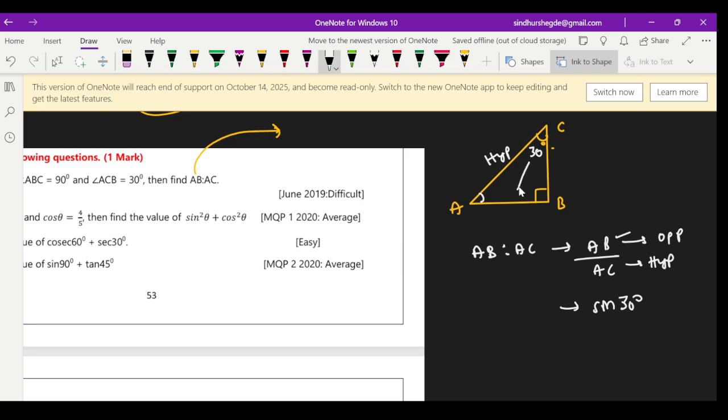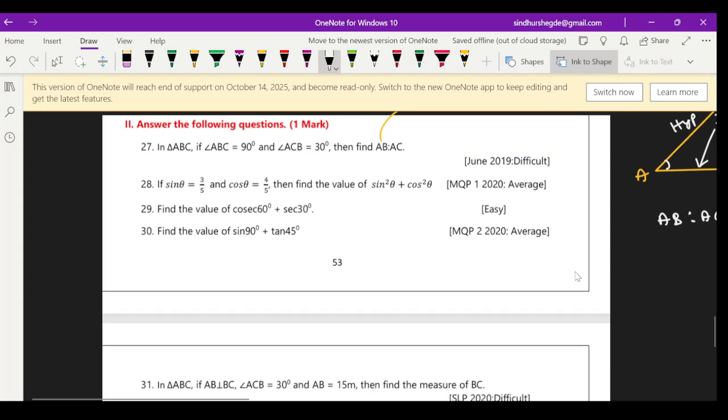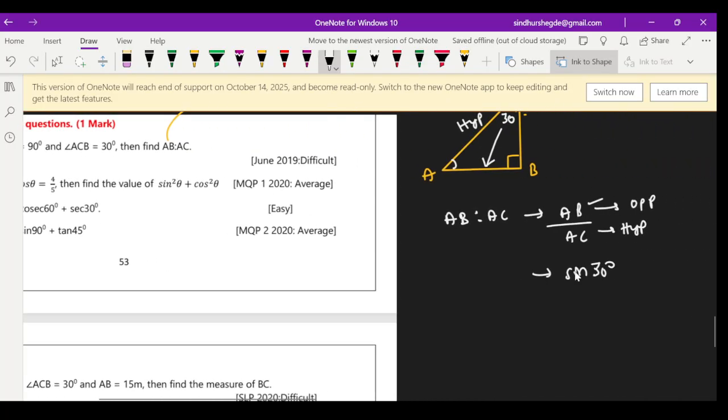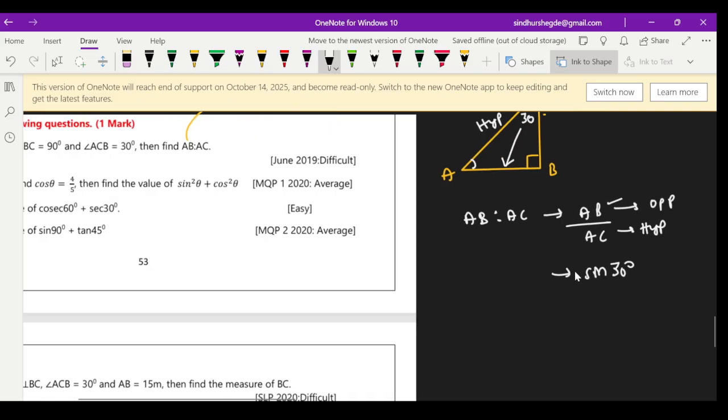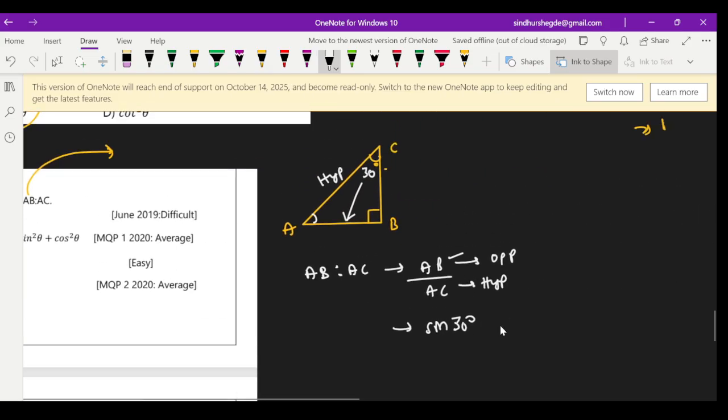So AB by AC is nothing but sine 30 degrees, which is 1 by 2. So the answer is AB is to AC is equal to 1 is to 2.